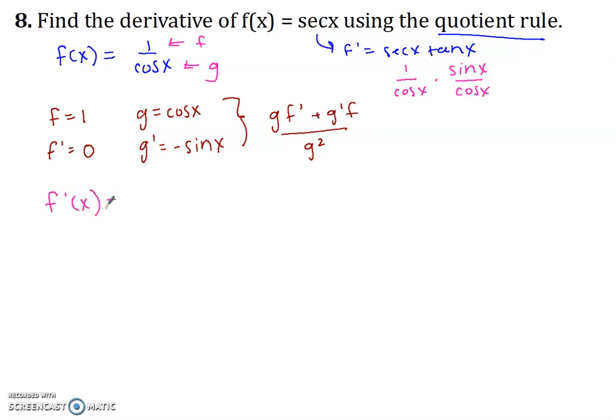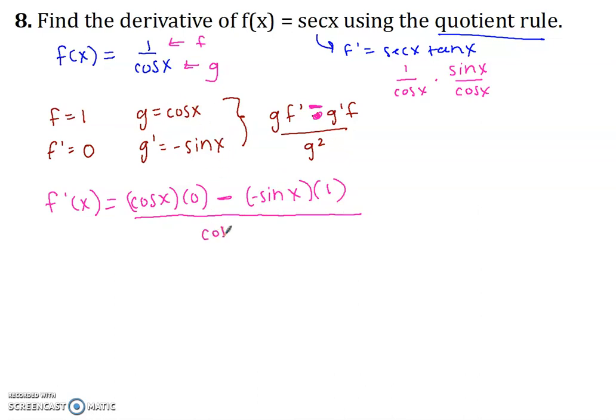So we're going to have f prime of x equals g times f prime. So cosine of x times 0, and this is a minus g prime, so negative sine of x, times f, which is 1, all over g squared, so cosine of x squared.